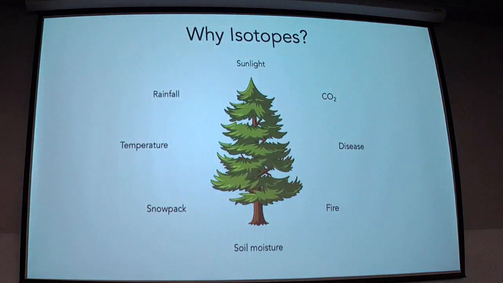Well, ring width just tells us that the tree grew, and it really can't get down to the factors of why the tree grew well or didn't grow well. But different isotopes are linked to different physical processes in trees. So, for example, CO2 changes in the atmosphere or temperature changes might affect different isotopes, and what we'll actually talk about today is soil moisture, so this bottom one here.